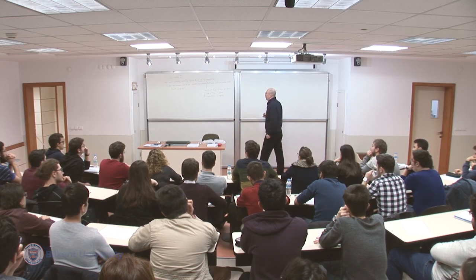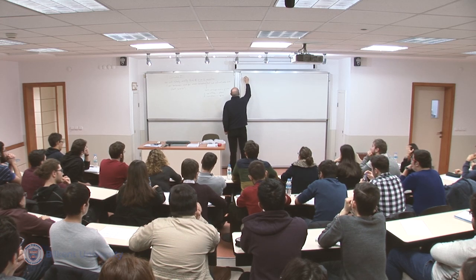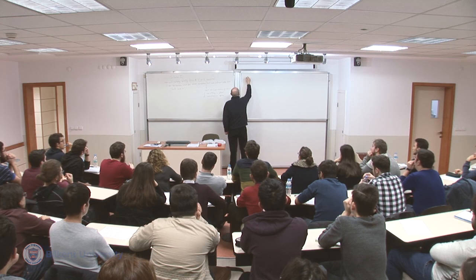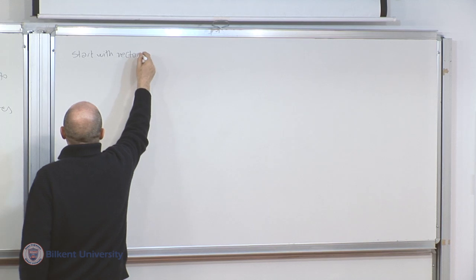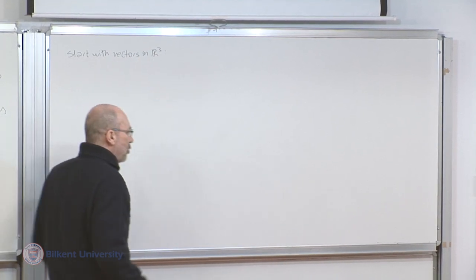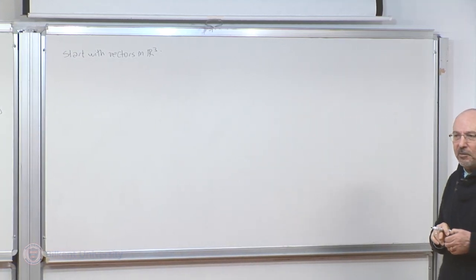When we do this, first we will be interested in vectors. So let's start with vectors in R3. Everybody has an idea of a vector, so let me go over this.